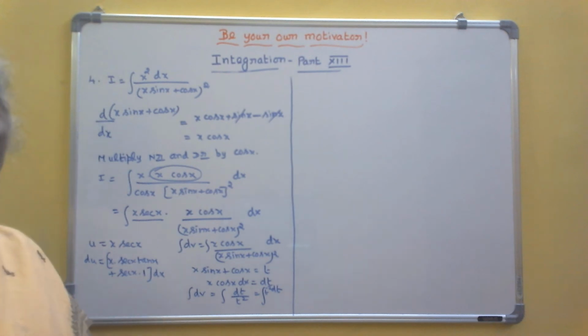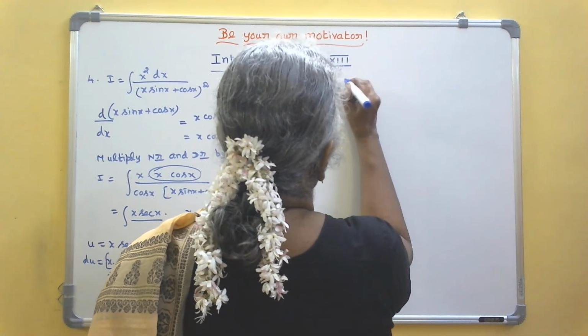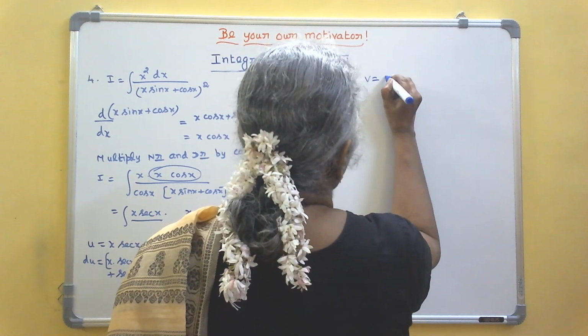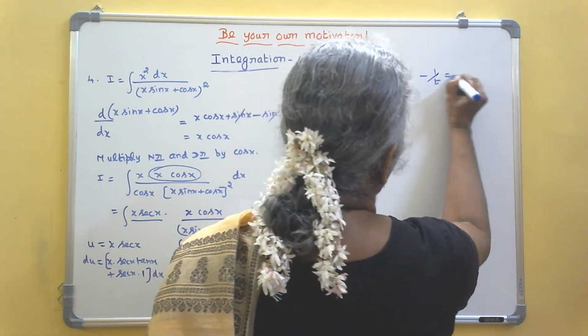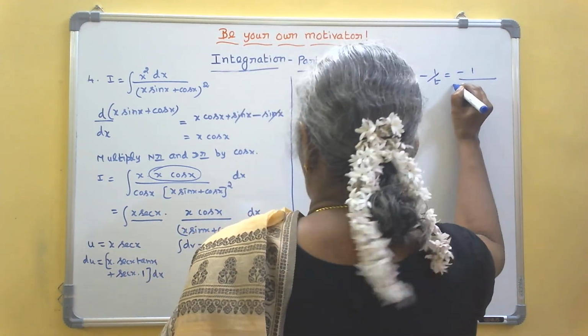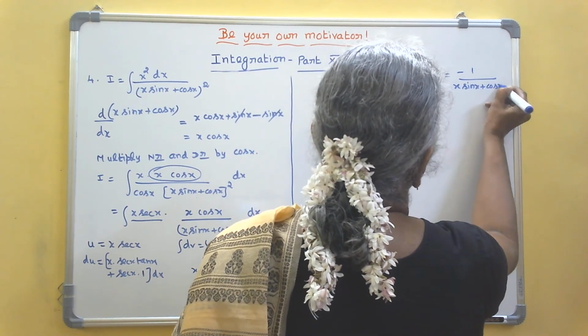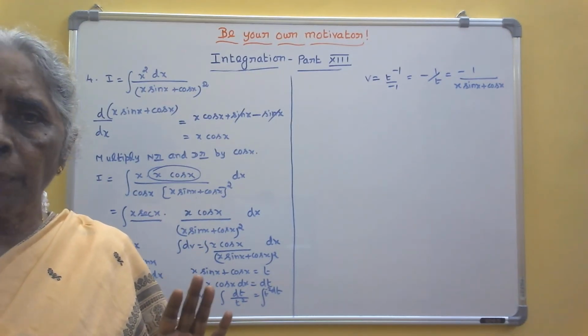T square in the denominator will be t power minus 2. So I will be getting v is equal to t power minus 1 by minus 1, or minus 1 by t, which is minus 1 by (x sin x plus cos x). So this is v for me. Is it clear up to this?